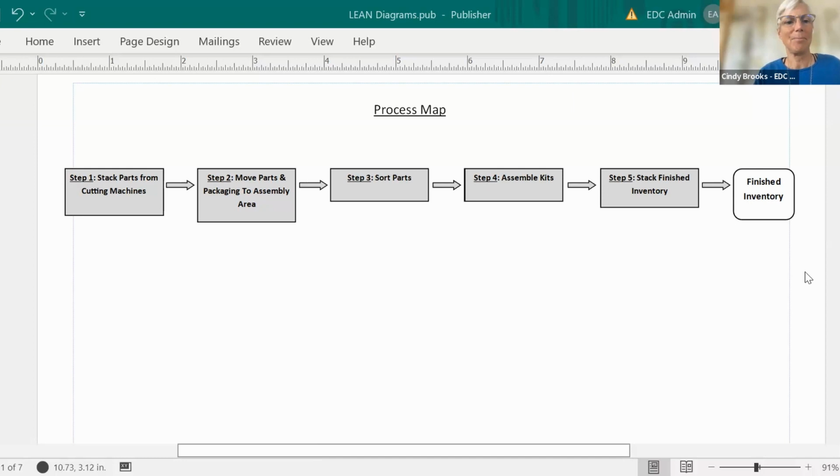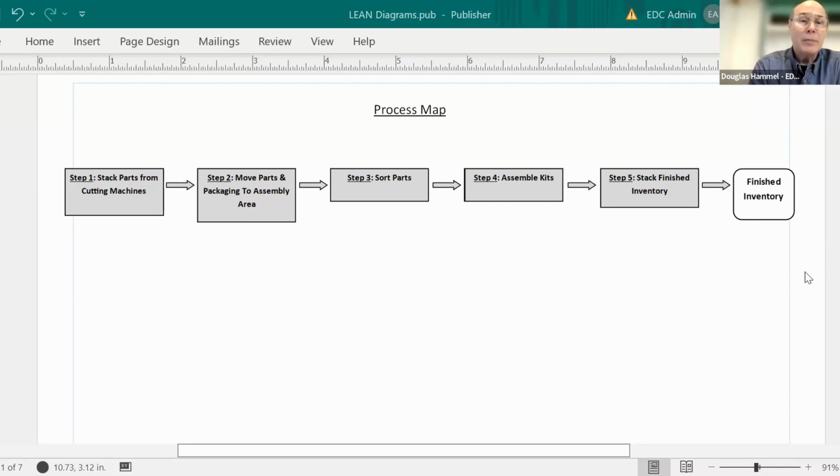Okay. So when you first try to understand how the system works, you just want to name the steps. And this doesn't say anything about efficiency. It's just saying, how do we process this? So there's steps 1 through 5. The first one says stack parts from the cutting machines. This is an actual real example from a client I had where they were making kits of certain things.